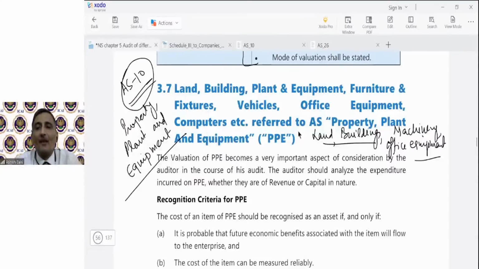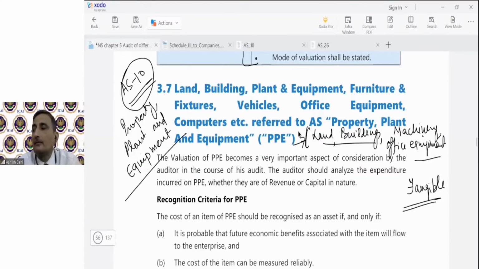So these are some of the examples of property, plant, and equipment. So what is property, plant, and equipment? It is a tangible item. So all those items which are tangible. Tangible means having physical substance, which can be touched.